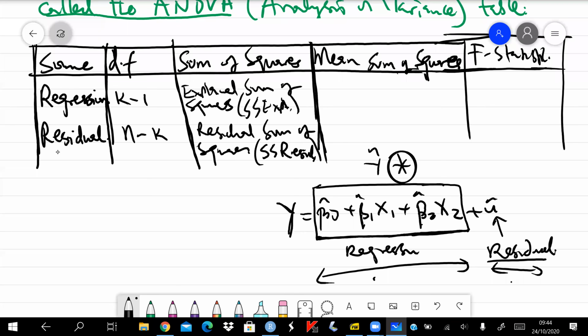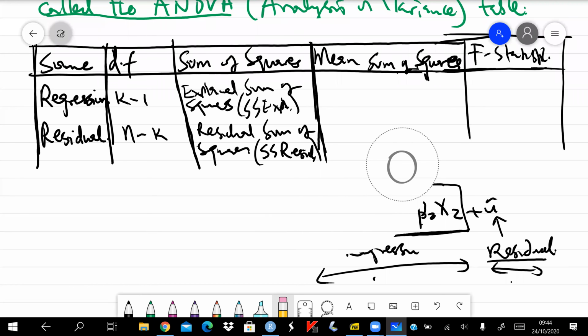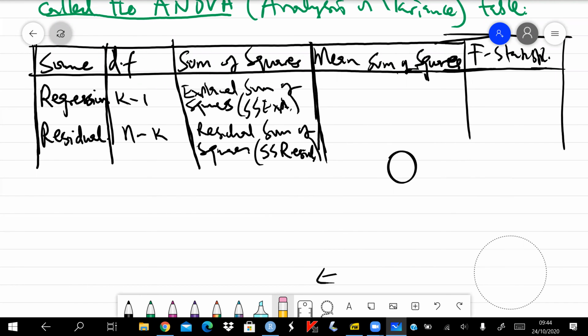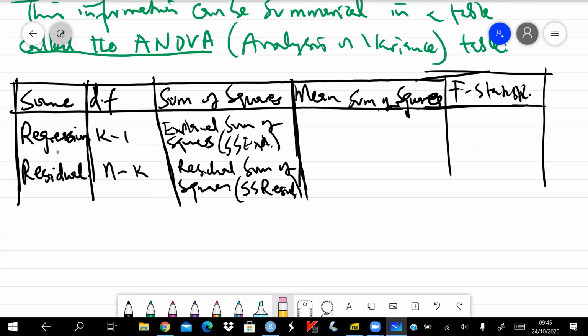Now the next column is easy to obtain because it is the mean. In this column, we talk about the mean of the sum of squares. These are already sums of squares, and we know that the mean is given by the sum of something divided by n.